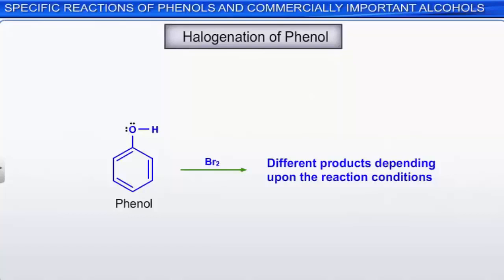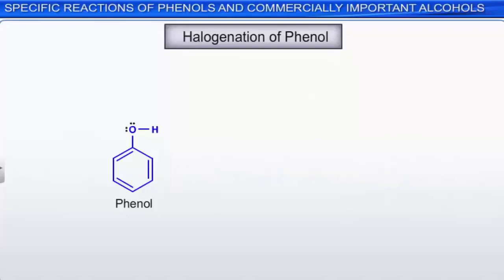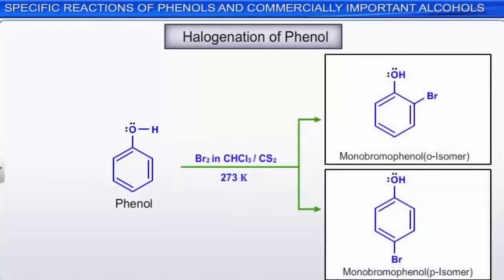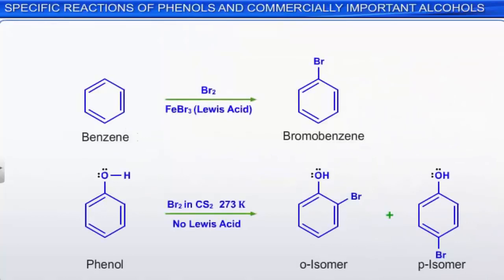If phenol is treated with bromine in low polarity solvents, such as chloroform or carbon disulfide, at room temperature, monobromophenols are produced. Unlike benzene, no Lewis acid is needed for this reaction to occur, because phenol is much more reactive than benzene.